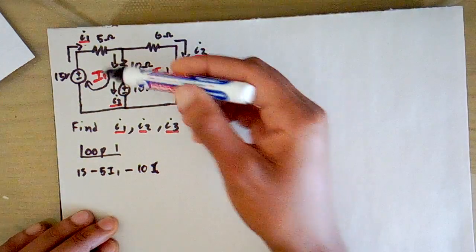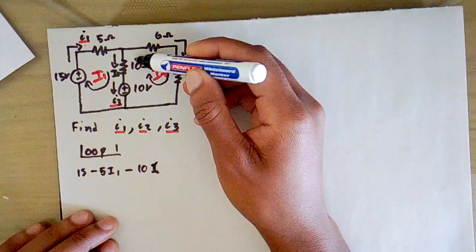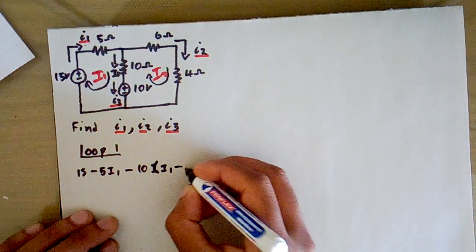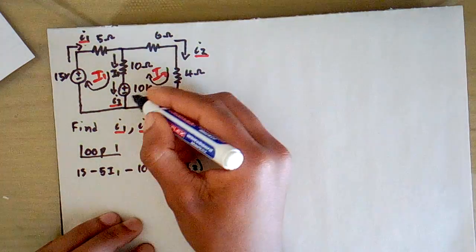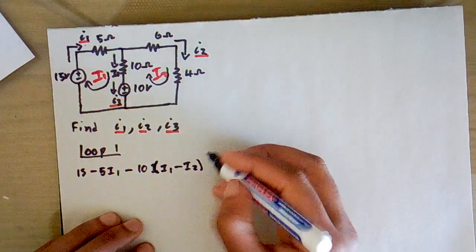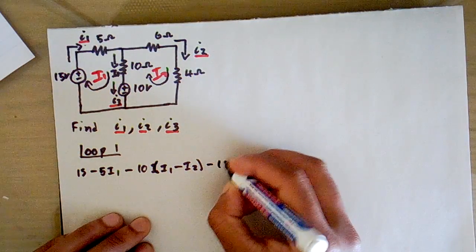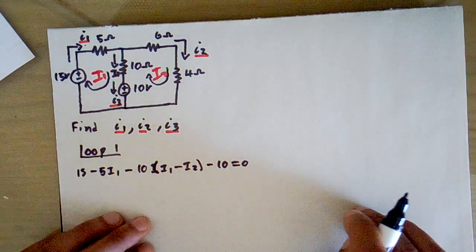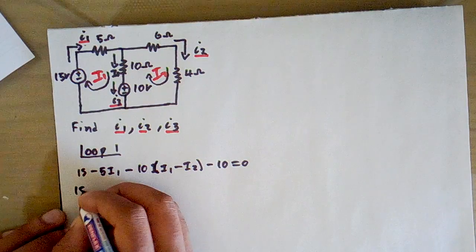Now you can see that this I1 is going this direction and I2 is going this direction, so you're going to have I1 minus I2. And our source voltage here goes from positive to negative, so this will be negative 10 equals 0.